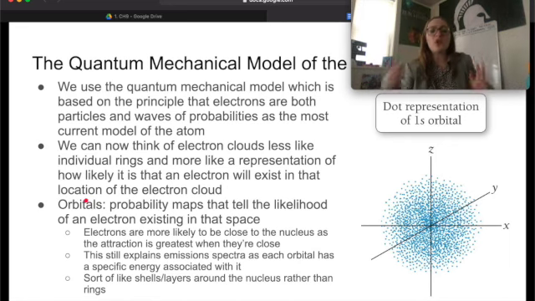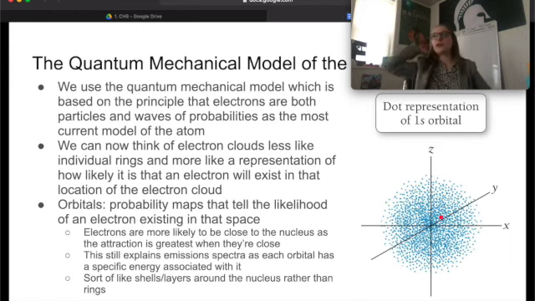So these orbitals are like probability maps that tell us the likelihood of where an electron might lie. In this picture, the nucleus would be where all three of those axes intersect. You can see lots and lots of blue dots at the center and a lot fewer blue dots around the edges. Each blue dot represents a high likelihood that an electron exists.